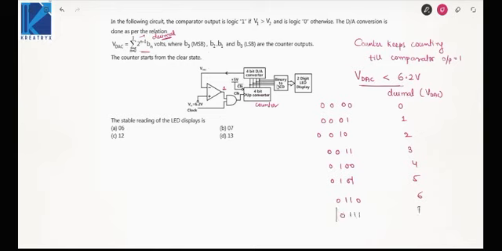Now at this point the counter cannot count because the output goes above 6.2 volt. Then the counter will stop counting. So that means the steady state output of this counter will be 0, 1, 1, 1. It will stop counting at 0, 1, 1, 1.